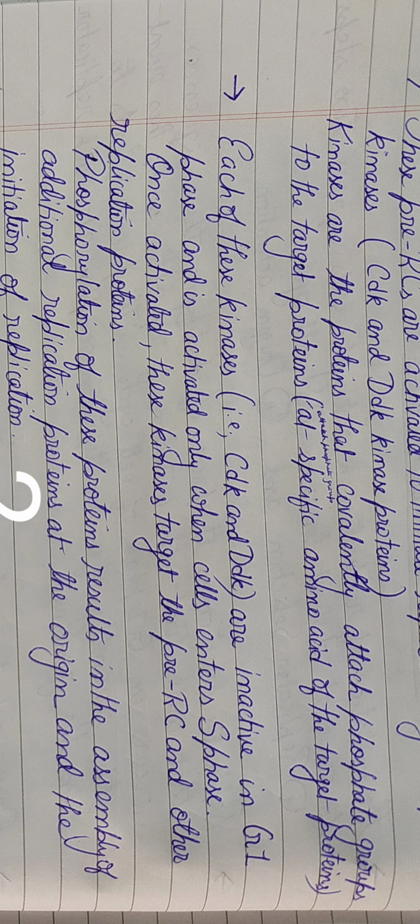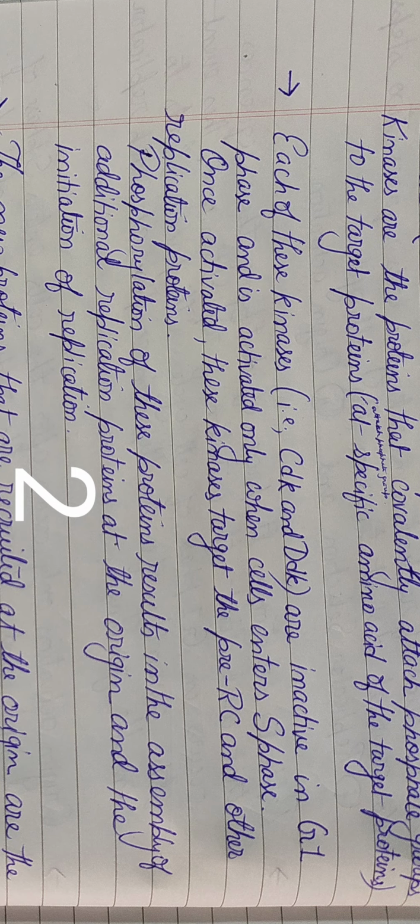Once activated, the kinase will target the pre-replicative complex and try to phosphorylate it and other replication proteins. Phosphorylation of these proteins results in assembly of additional replication proteins at the origin, and then initiation of replication begins.